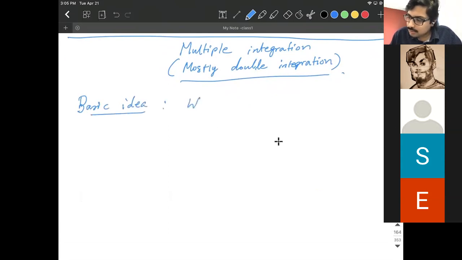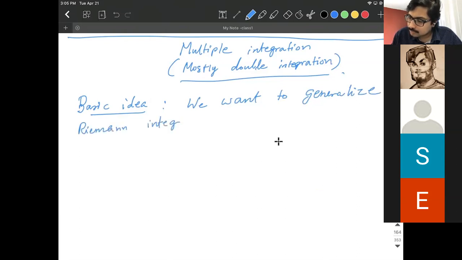is that we want to generalize Riemann integration to Rn. Now, what does Riemann integration say?